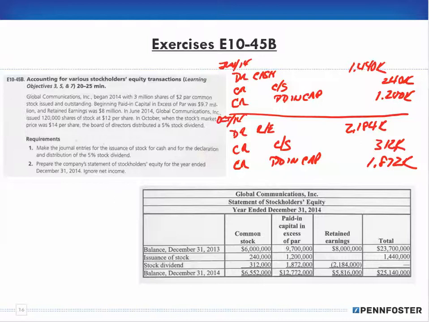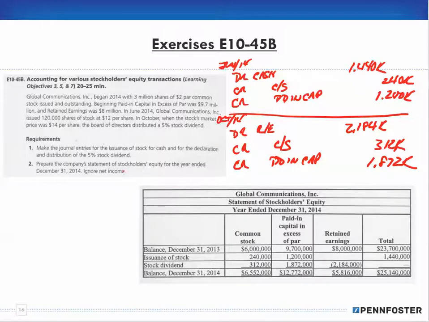Okay, so now we're going to create the statement of stockholders' equity. If you go back and do exercise 10-44B, that's a similar problem where we're creating the statement of stockholders' equity, and I give an explanation of the difference between the balance sheet stockholders' equity section and the statement of stockholders' equity.